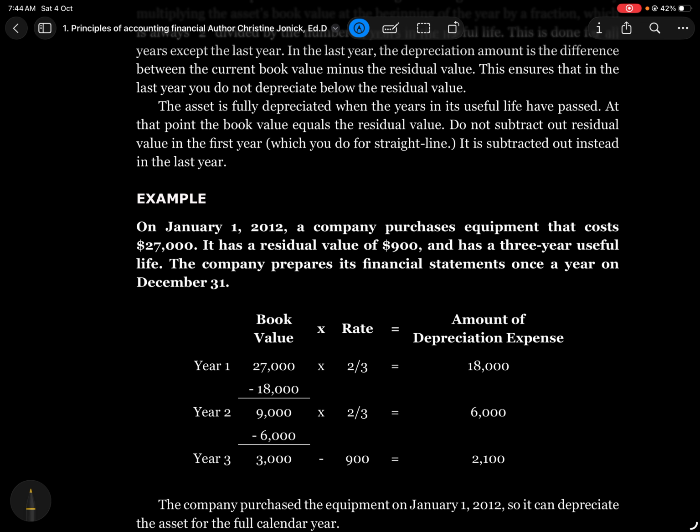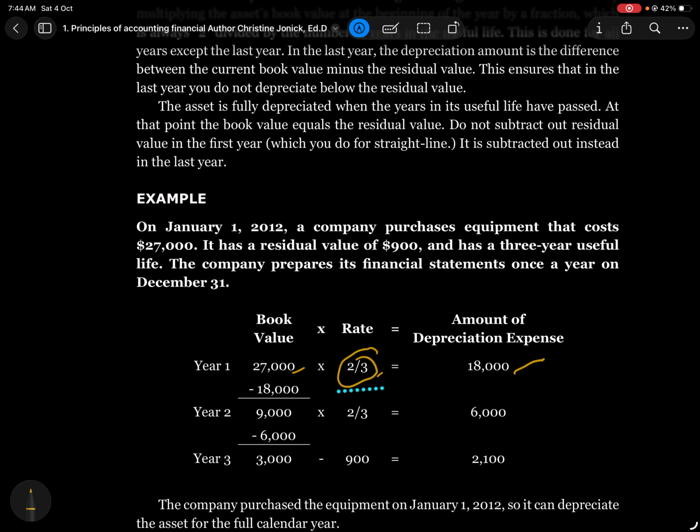There will be a rate given to us, let's say 2 by 3, which is 67%, right? So in the first year, we will do book value into the rate, that's 18,000.